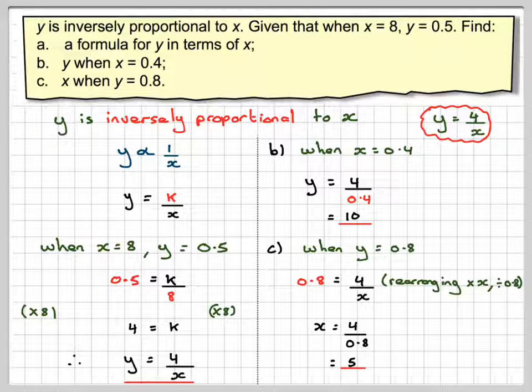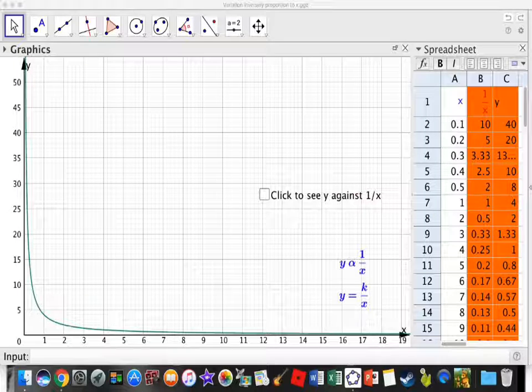Okay, so we've been dealing with inversely proportional. Let's go back to our GeoGebra applet, and again, I'll put this in the notes of the video. Instead of just plotting x, let's plot y against 1 over x. If we plot these points, 10, 40, 5, 20, we're not going to plot them all because they get a little bit cluttered down here, so we'll just plot some of them by clicking this button here.